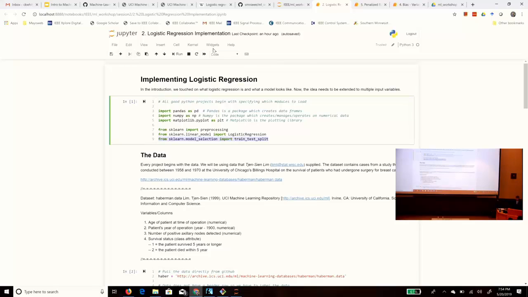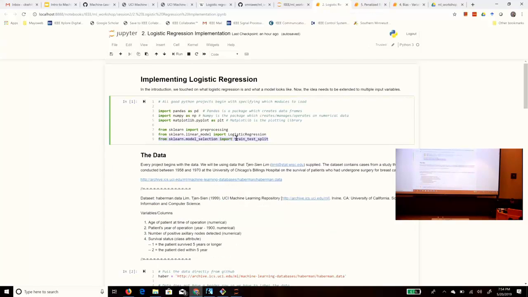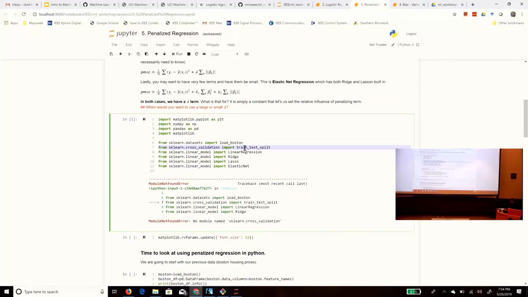All right, so I'm jumping around. We'll fix this together. Model selection. So here, it says cross-validation. That is the version that I have. I'm using the wrong thing. Let me get it for you. It actually should be under model selection. So what you're going to do is after I put it up here, you guys can just type it in.